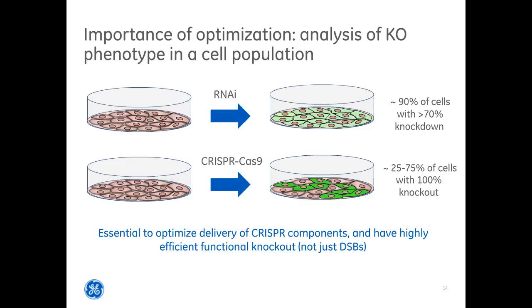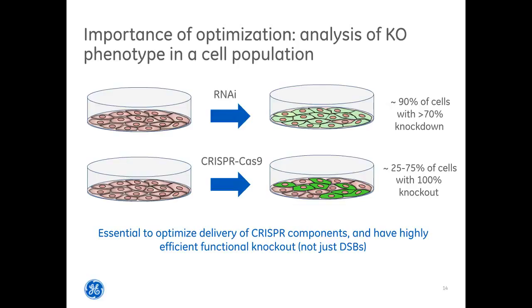With CRISPR Cas9, given that there are two required components, the Cas9 nuclease and the guide RNA, depending on conditions, you may get anywhere from 25 to 75% of cells being edited, and of those, not all edits will lead to a functional knockout.